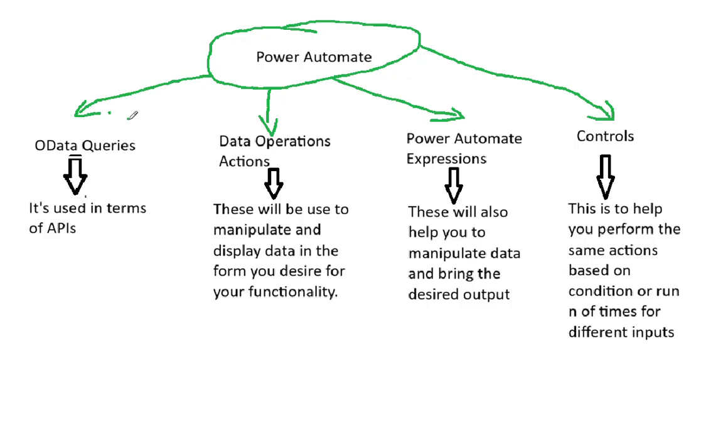So if your automate or your use case requires you to work on a data set, OData query has to come into the picture. This allows you to perform certain kinds of actions on the server side itself, so that the data you want comes in a limited amount, because in most use cases you don't need all the data in your automate or in your app.